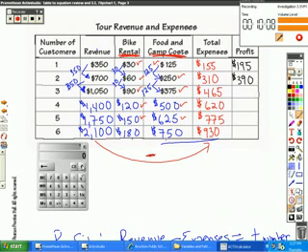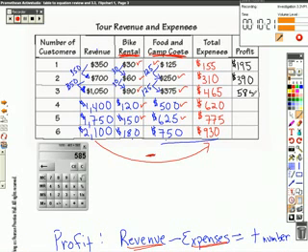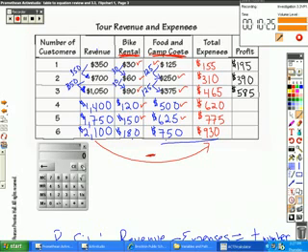My next one, 1,050 minus 465. That equals 585. Okay, 1,400 minus 620 equals 780.